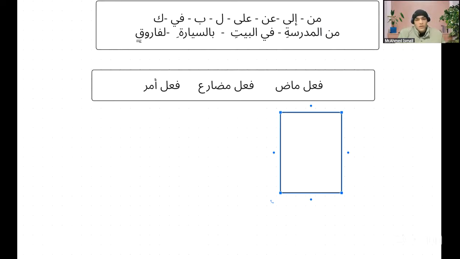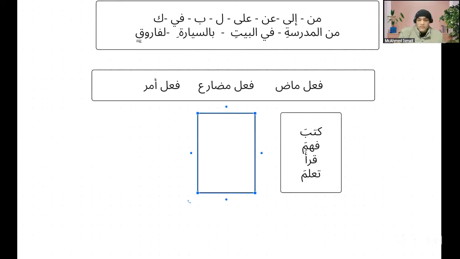All of these, what do you have in the end of it? كتب, فهم, قرأ, and تعلم. It's فتحة, exactly. So usually with فعل ماضي you have فتحة in the end of it. But in some specific cases, you will not have that, and we'll also mention it, inshallah. But the original vowel of it should always be فتحة.